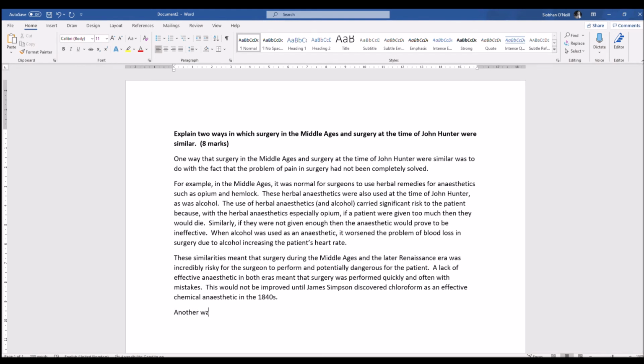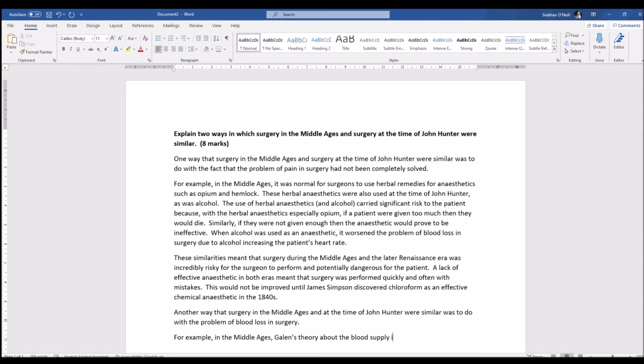Another way that surgery in the Middle Ages and at the time of John Hunter were similar was to do with the problem of blood loss in surgery. For example, in the Middle Ages, Galen's theory about the blood supply in the body never running out was widely believed.